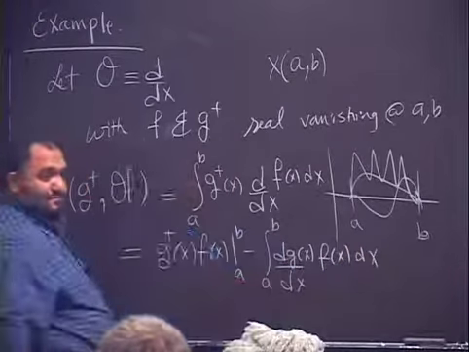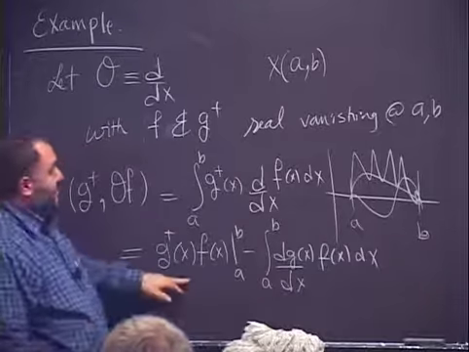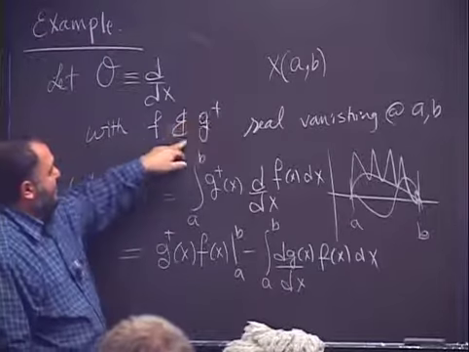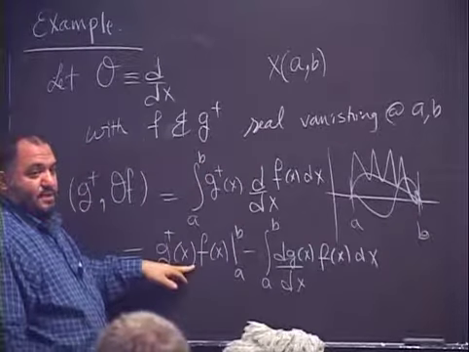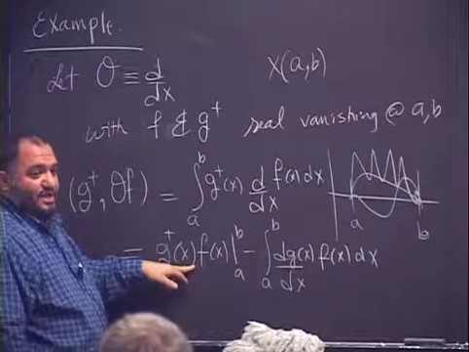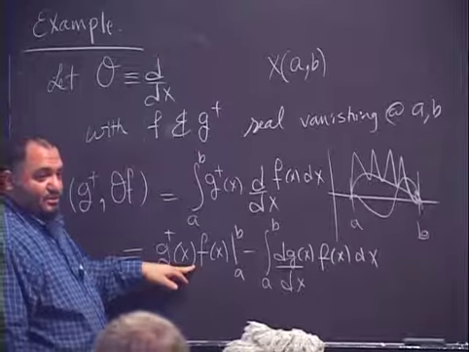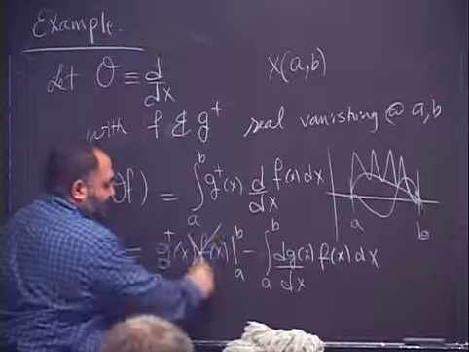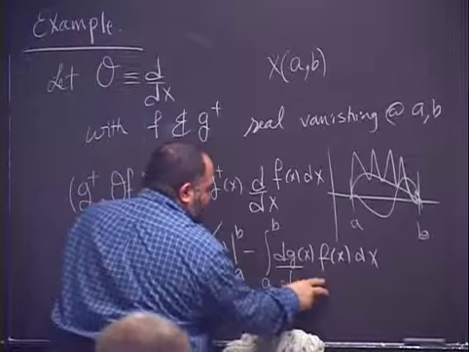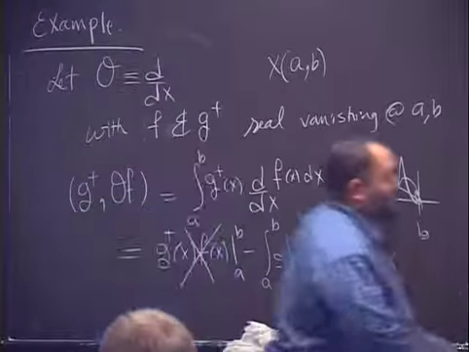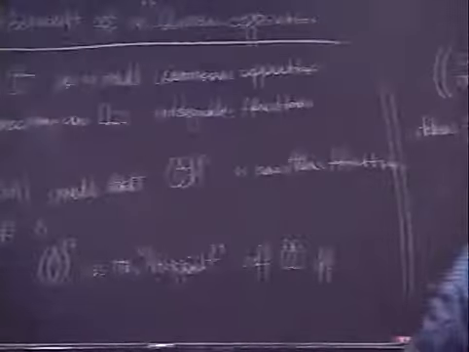What's this? f and g vanish at the borders, so this should be equal to 0.